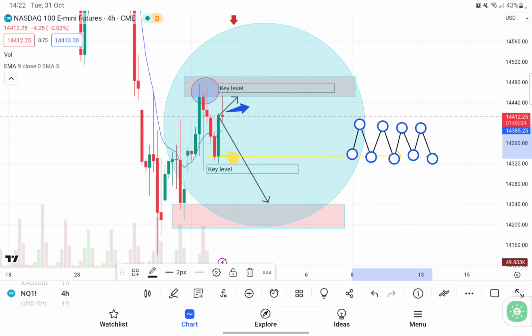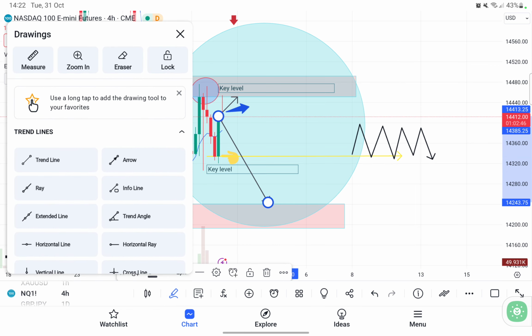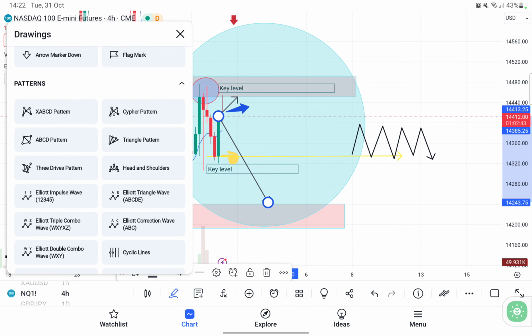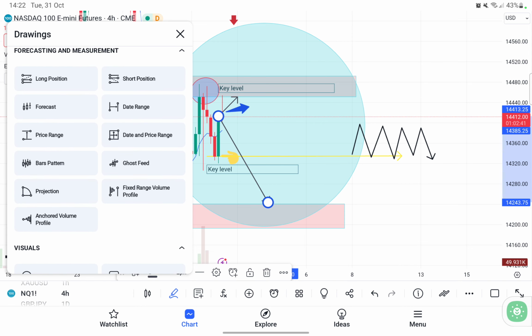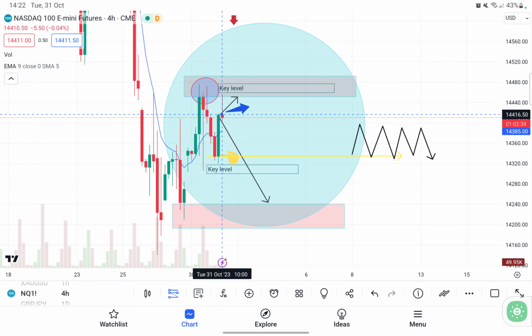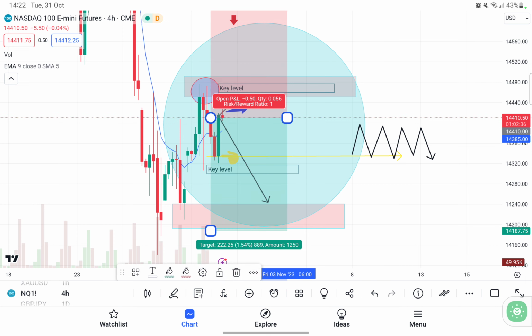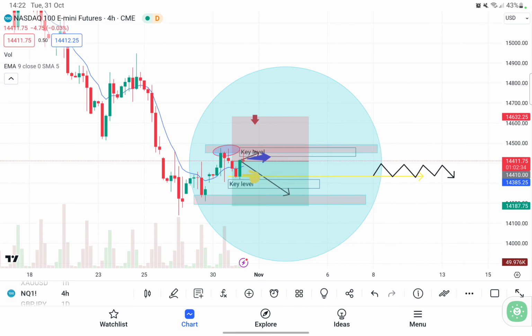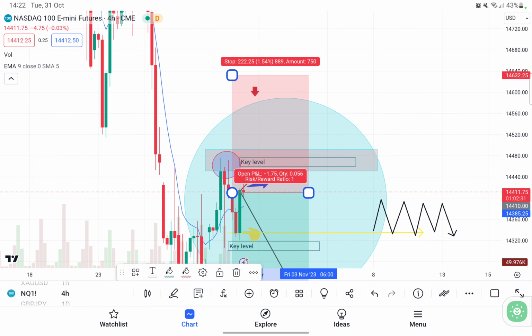if we confirm with volume and our patterns as to where the market is going, then at that point we can make a decision based off of the volume and the pattern to sell the market, and would open up our position, and then from there we determine our risk.